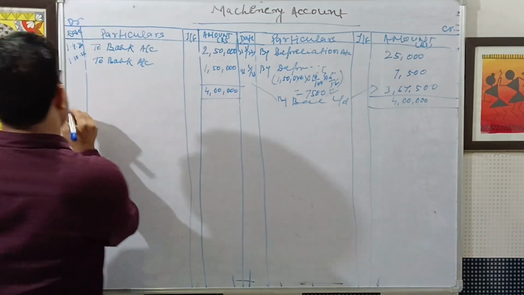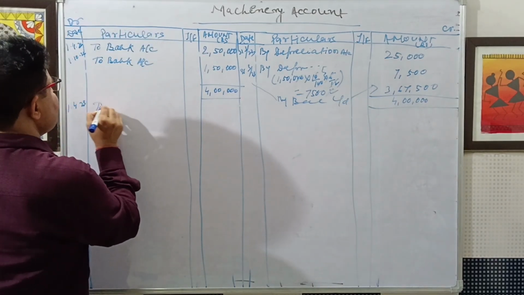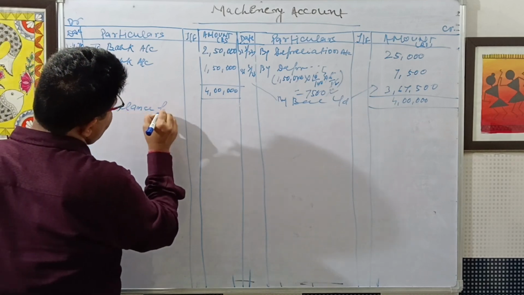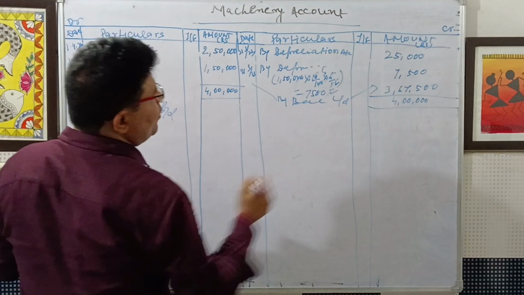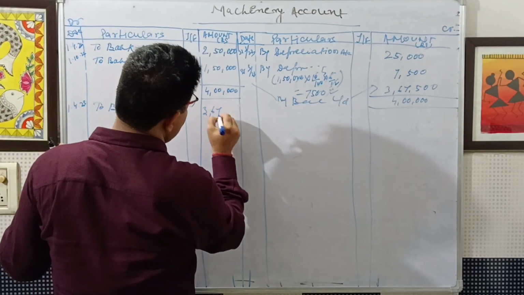So now this is the 1st April 23, to balance b/d. b/d means brought down, c/d means carried down. So brought down how much? 3,67,500.